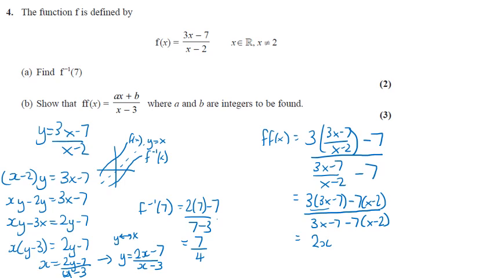And 3 times minus 7 is minus 21, plus 14 is minus 7. And then the denominator simplifies to x minus 3 as well.